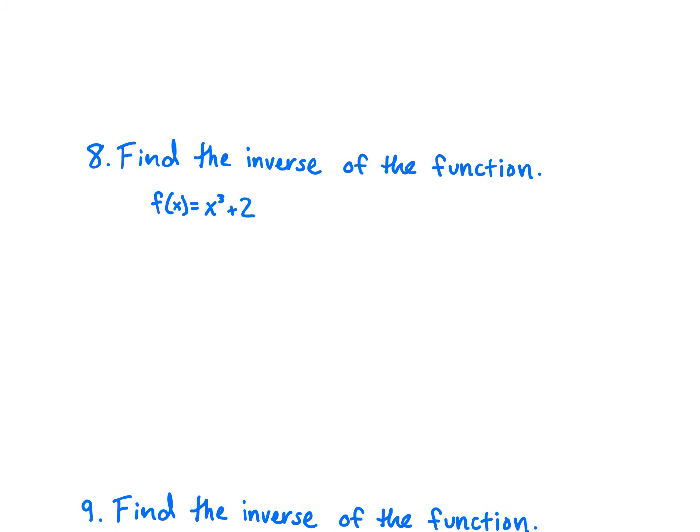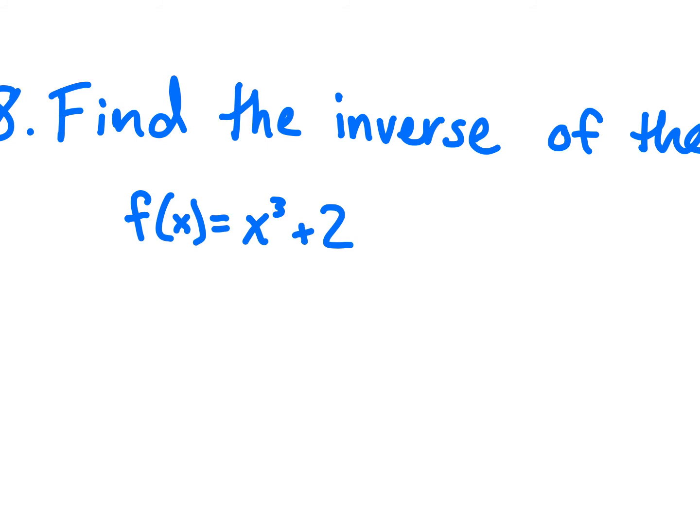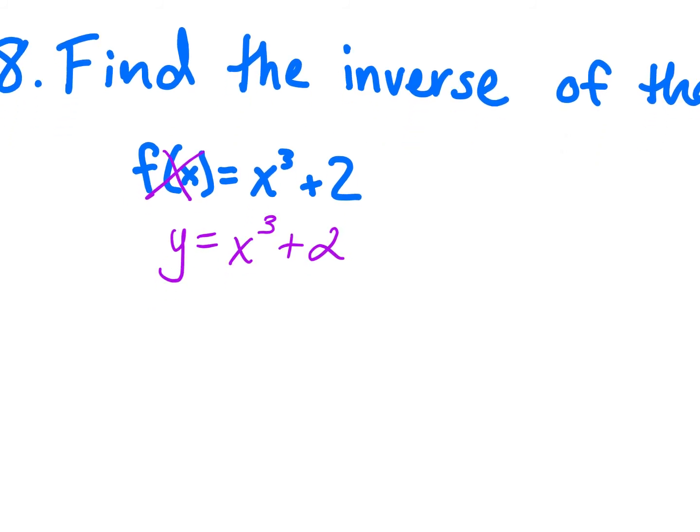As far as finding the inverse, guys, algebraically, what are we supposed to do? What's the first thing I do? I turn f of x into y. So I have y equals x cubed plus 2. Now what? Switch the places of x and y. Good.